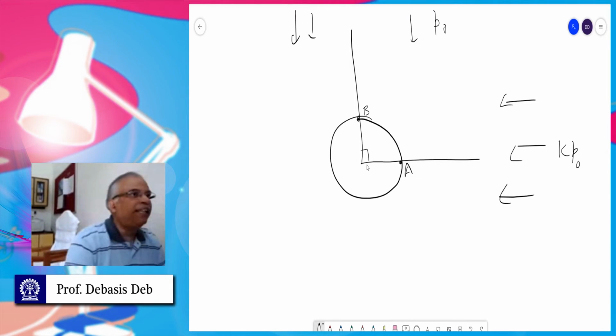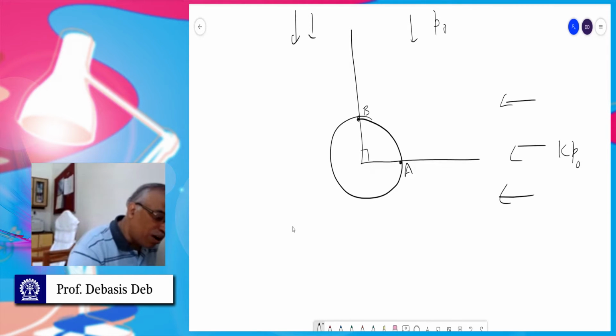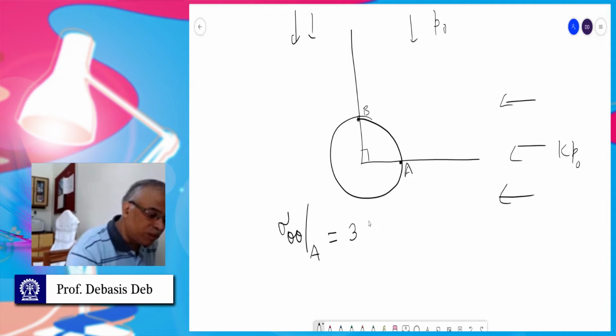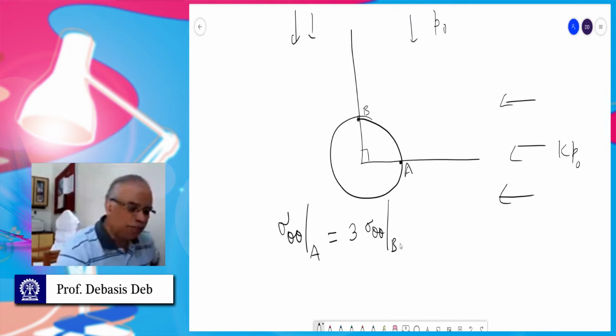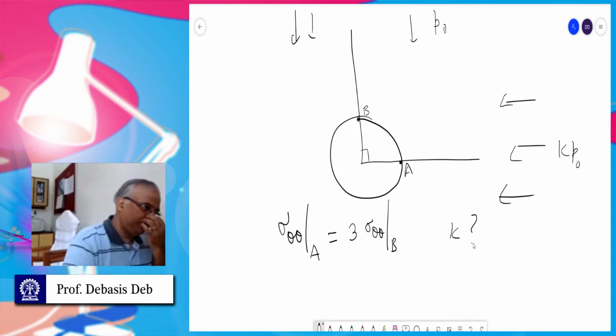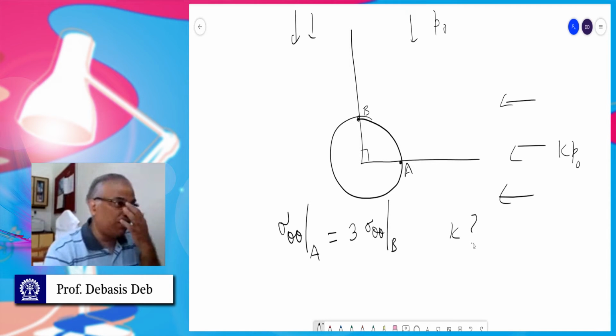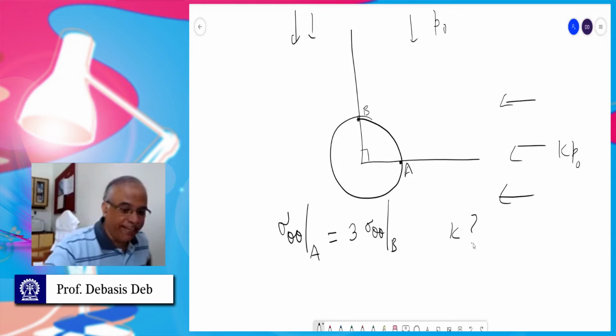Let's assume we did some measurement, and we found sigma theta theta at point A is 3 times sigma theta theta at point B. So can you tell me what is the value of K? Quickly, you tell me what is the value of K.